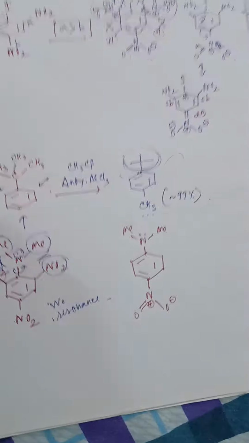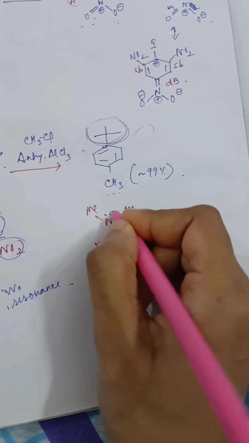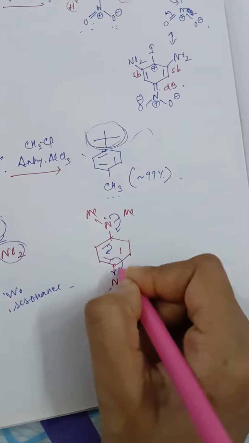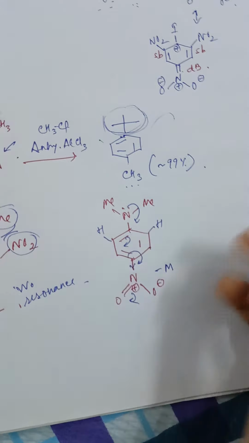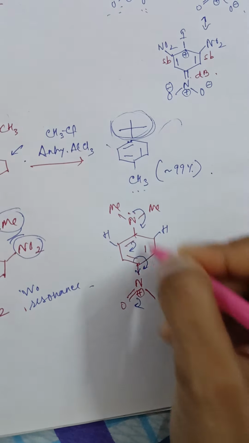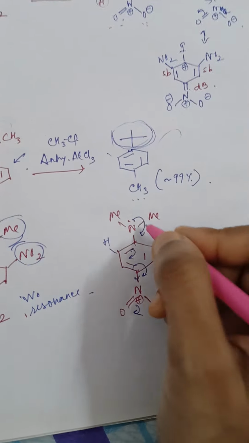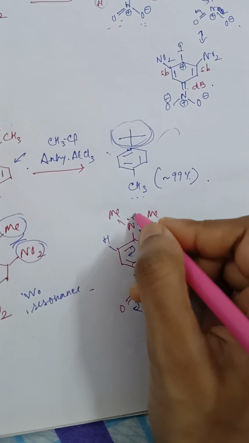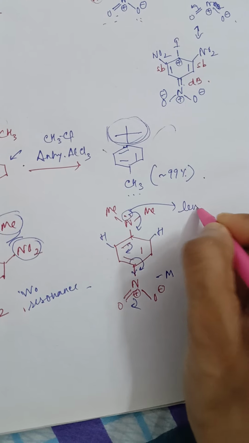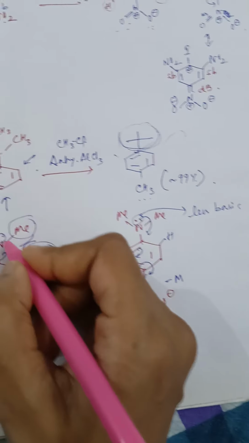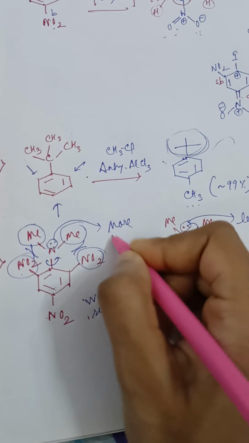This NO2 group has a minus M effect, so it will withdraw electrons towards itself, because now there is a small hydrogen, no steric inhibition. This lone pair is planar with this benzene ring and also this NO2 group. Since this is in resonance, this lone pair becomes unavailable, so it is less basic. But here there is no resonance, so that's the reason it becomes more basic.